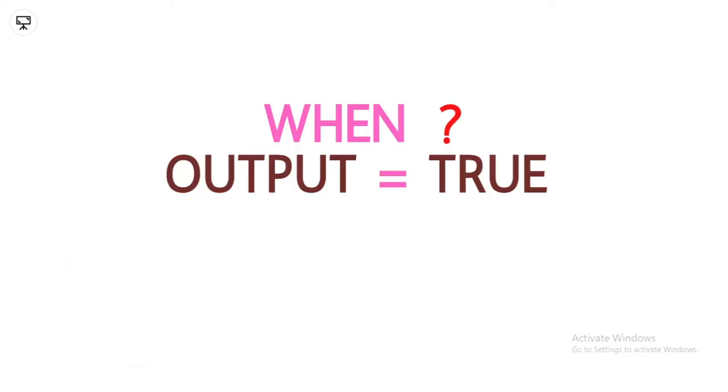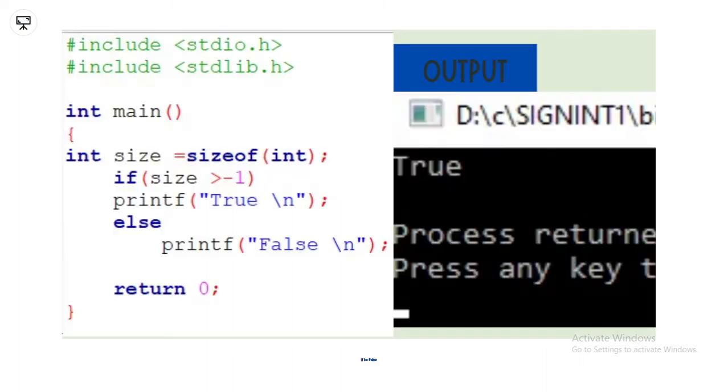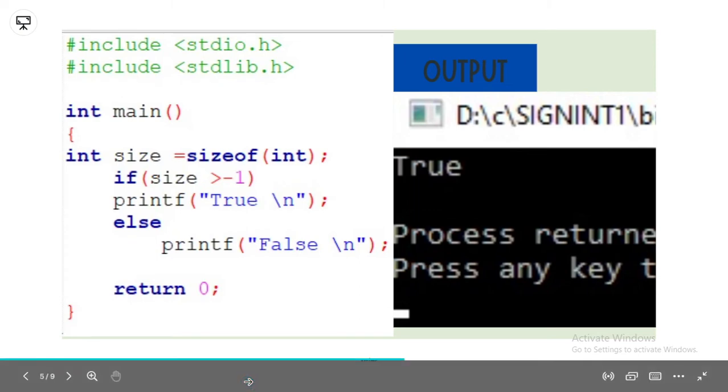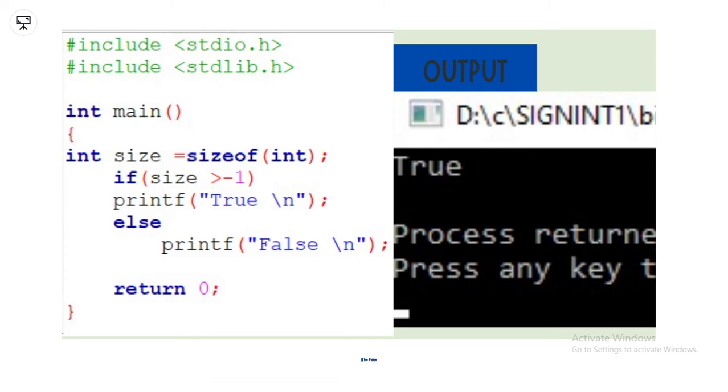When does this program return true value? If you add one line in the initial step, that's int space, like if you see this line, int space size equal to size of int. If you add this line into your program, then this program gives the correct value, that means true value.